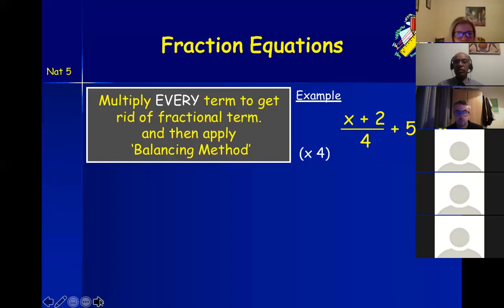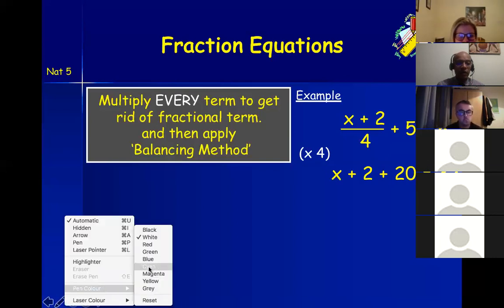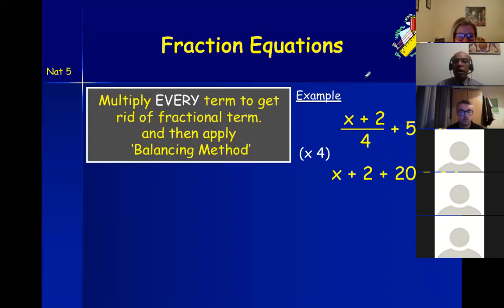So let's see how it works. 4 times x plus 2, plus 20, equals 32. It's a bit like I went from 4 times x plus 2, did you see that I'm opening the brackets, divided by 4.